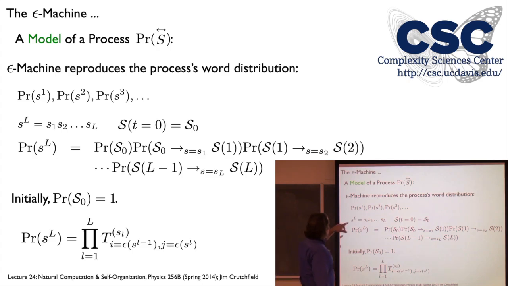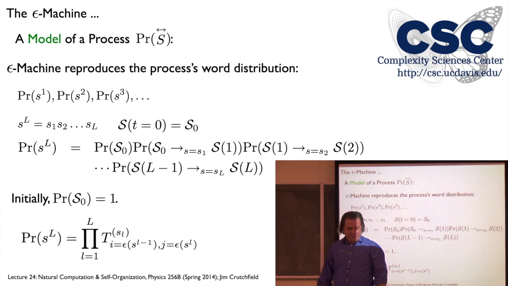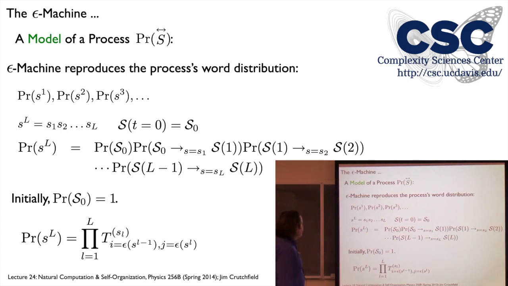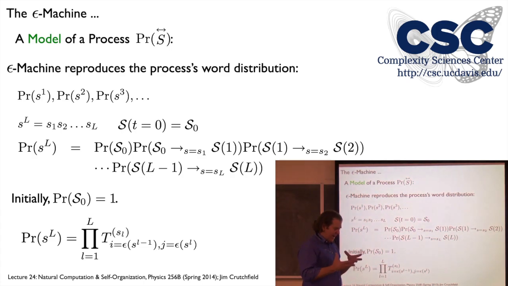Okay, so in what sense is an epsilon machine a model of a process? Well, we can think of it as maybe we started with the process, we calculate the causal states and transition structure, and we now have this particular kind of hidden Markov model. So one question would be, what does it describe about the process?